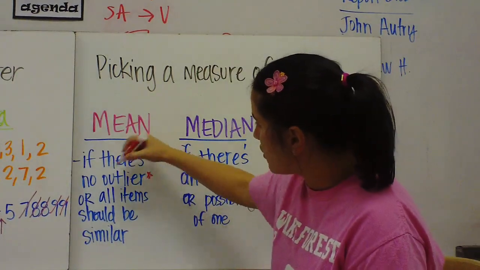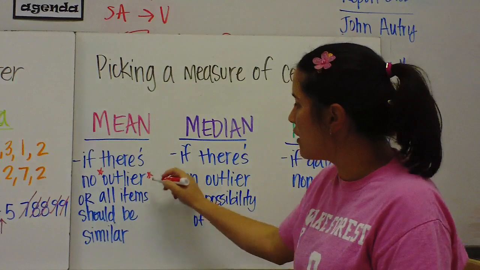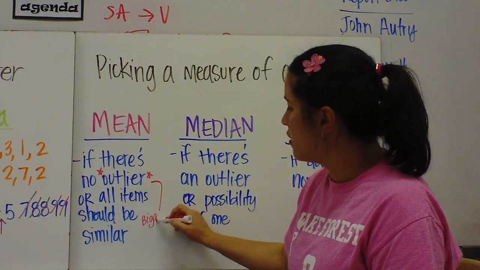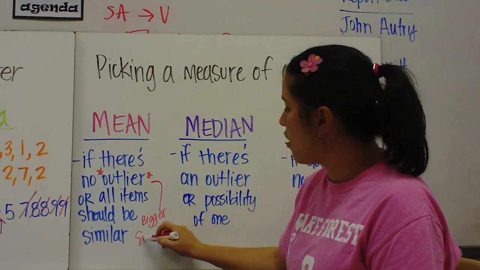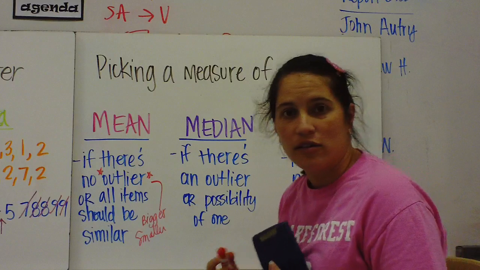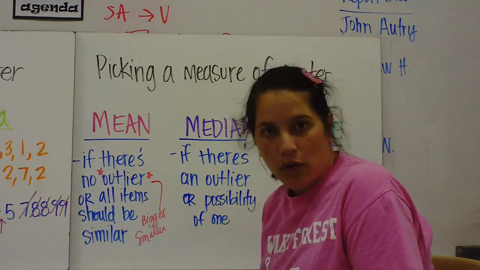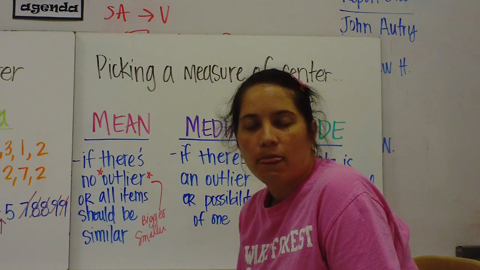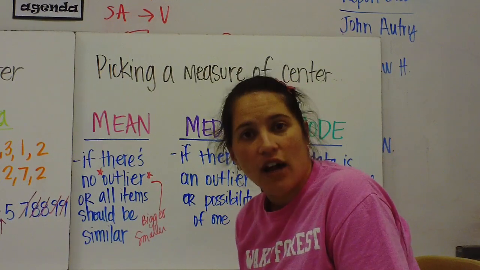So when I say outlier, that might be a new word. Outlier means it's way bigger or smaller. For example, let's say you're talking about kids in 7th grade.